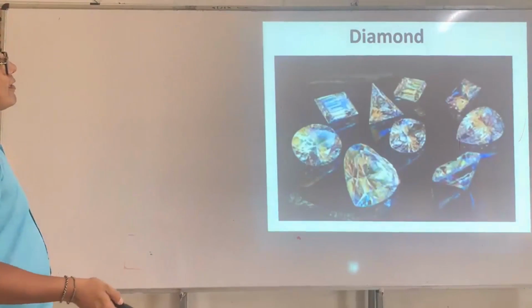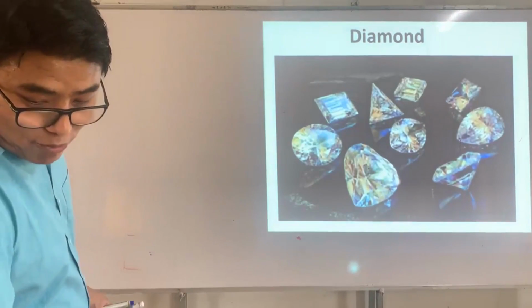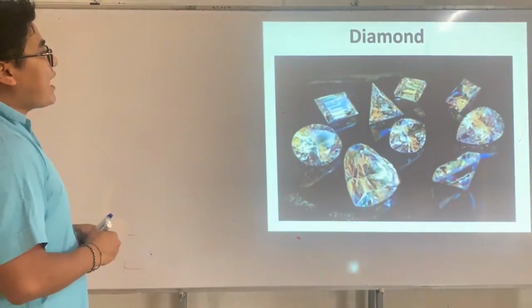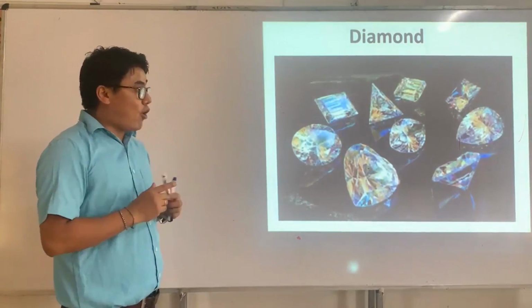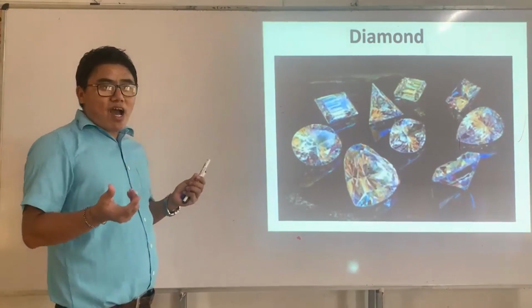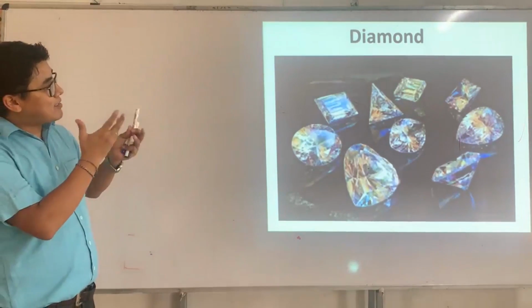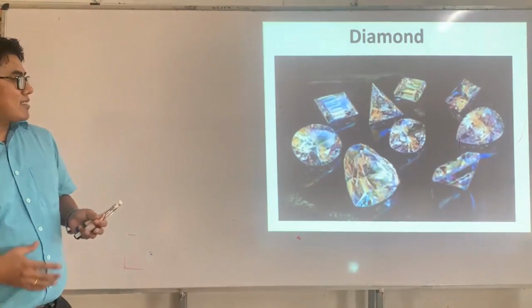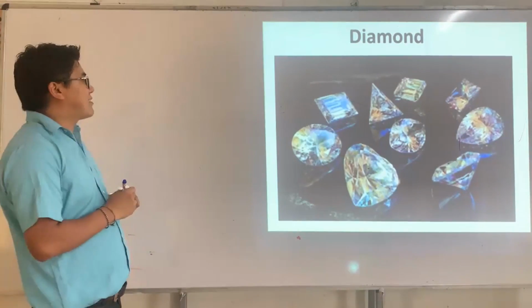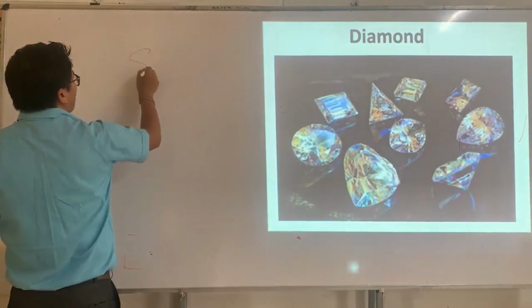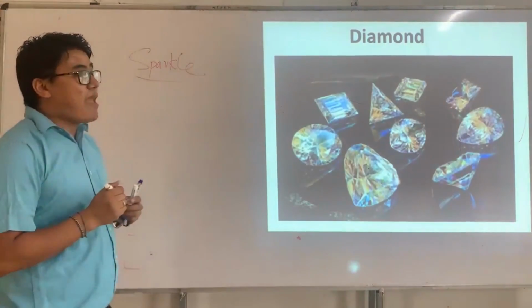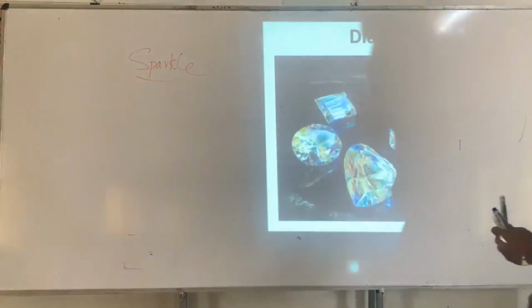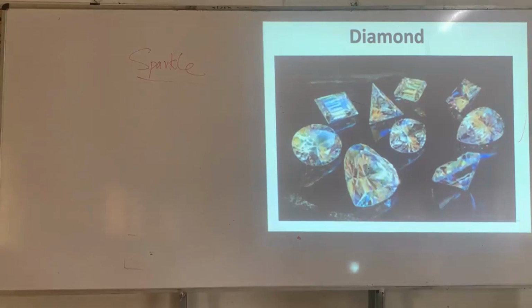Second I have is again the diamonds. When I say diamonds, these are precious stones, and if I ask what is the special characteristic of diamonds, I'm sure people will answer that a diamond sparkles when light is incident on it.